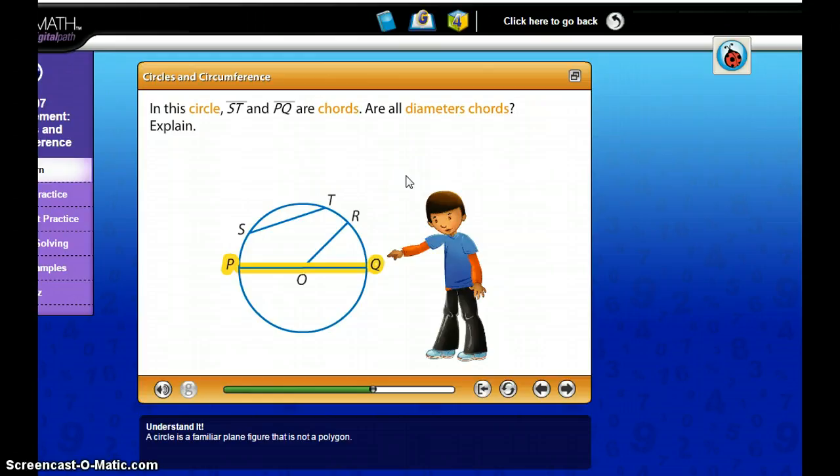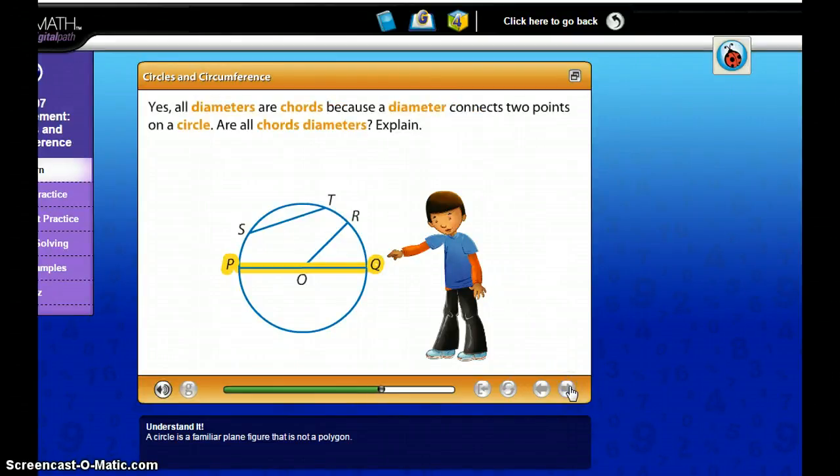Are all diameters chords? Explain. The definition of chord is it connects 2 points, right? So is a diameter a chord? Yes, all diameters are chords because a diameter connects 2 points on a circle.